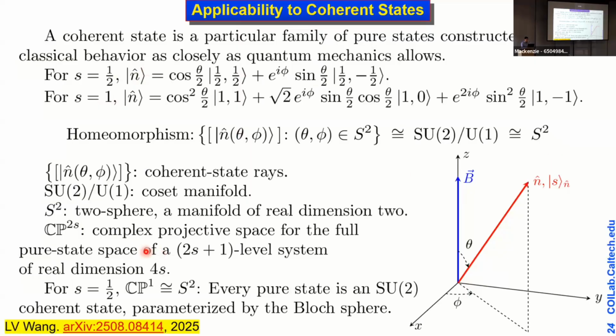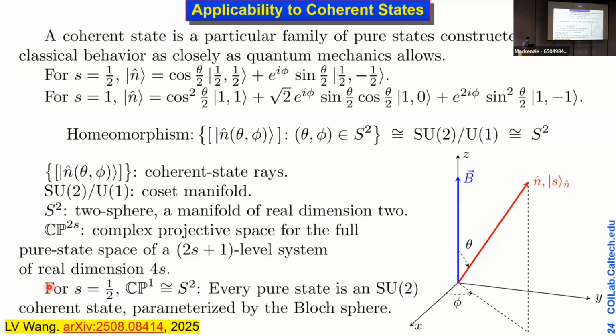Now, if you look at the complex projective space of all the pure states, for spin S, the real dimension is 4s, but for S2, of course, the real dimension is 2, so they're not necessarily equal. So from the classical vector, we don't really have full access to the entire pure state space, with the exception of spin half.